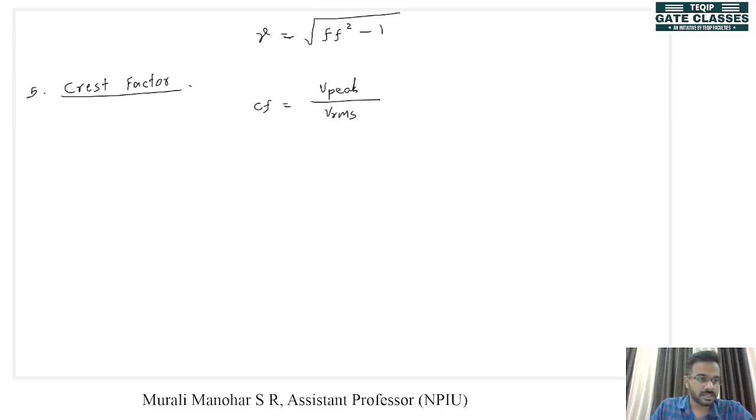Then there is the next performance parameter of a diode. It is called PIV, which is peak inverse voltage, and this is the maximum reverse voltage that can be applied to a diode. And the seventh performance parameter is efficiency.